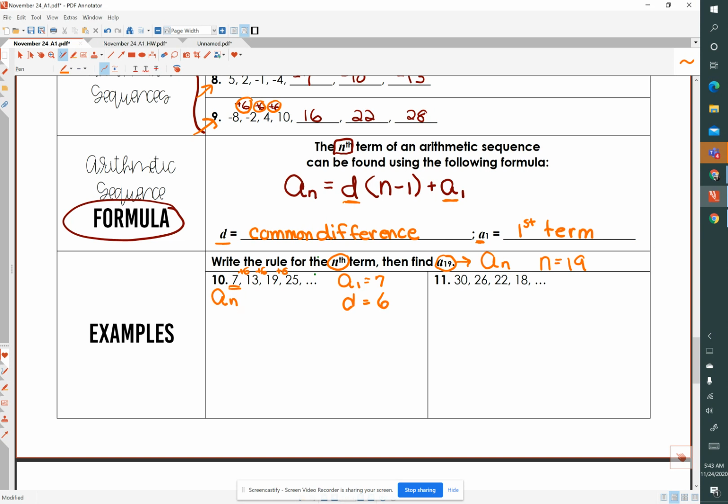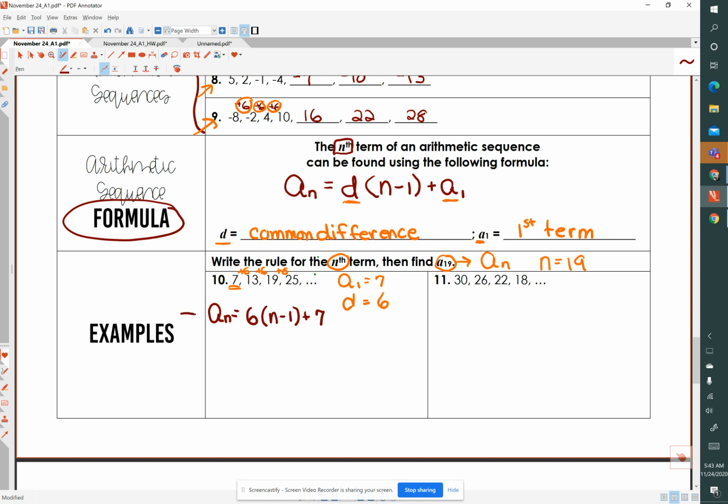So now we can go ahead and write our formula. a sub n equals 6, our common difference, times the quantity of n minus 1, plus the first term, which is 7.